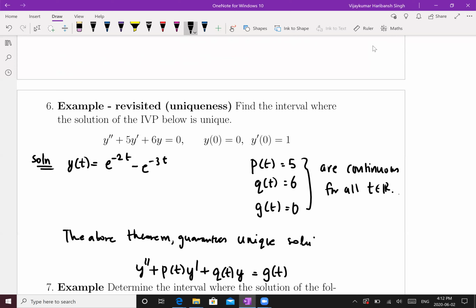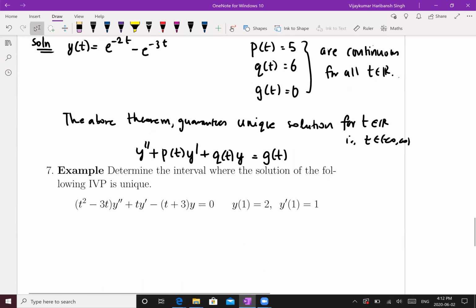Let's look at the next problem. Determine the interval where the solution of the following initial value problem is unique. Before I go further, the first thing I need to check is whether it satisfies the theorem, because I'm going to apply the theorem. First of all, is it linear? Look at the coefficients.